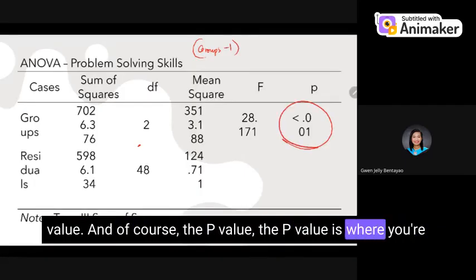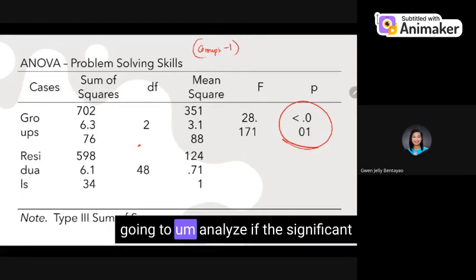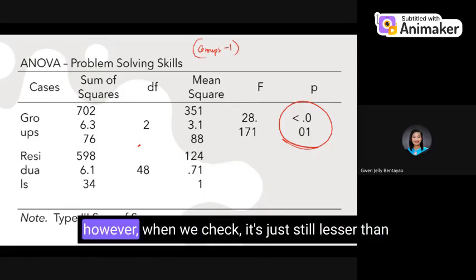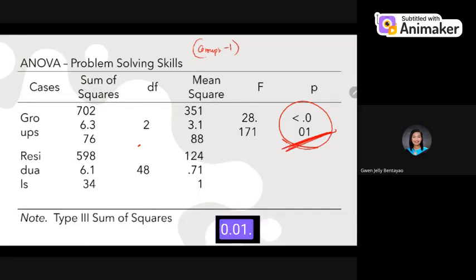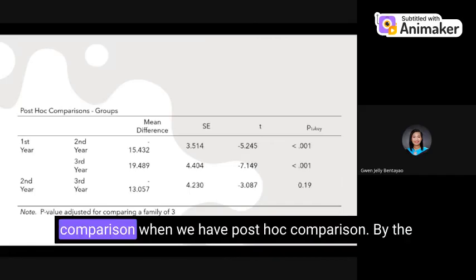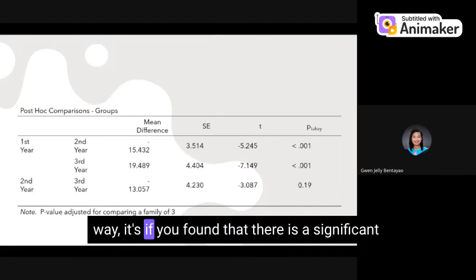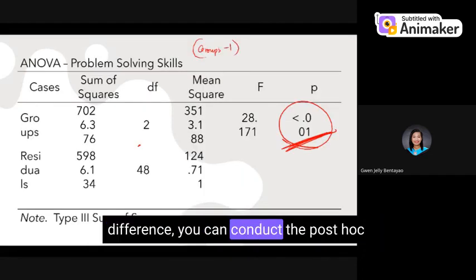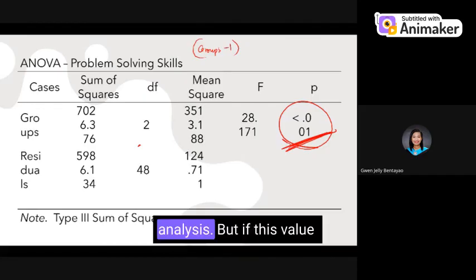The p-value is where you're going to analyze if the difference is significant. When we check, it's still lesser than 0.01. So we can have the post-hoc comparison. By the way, if you found that there is a significant difference, you conduct the post-hoc analysis.